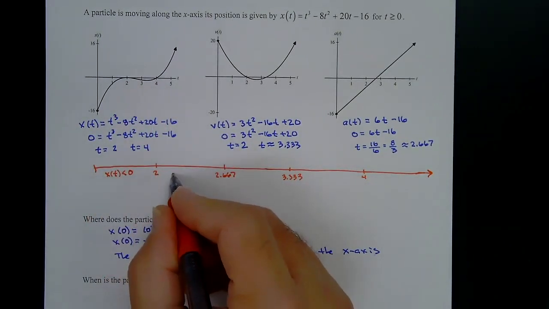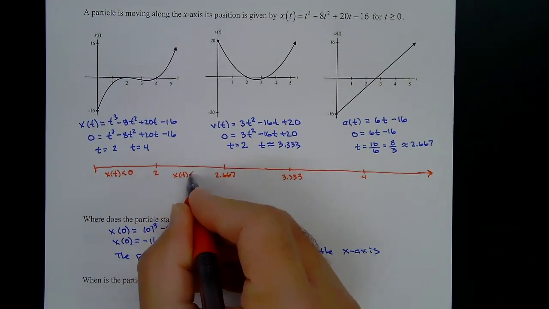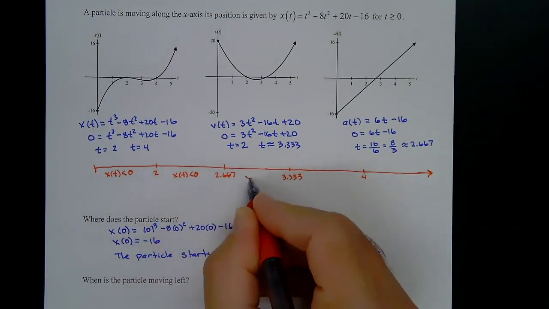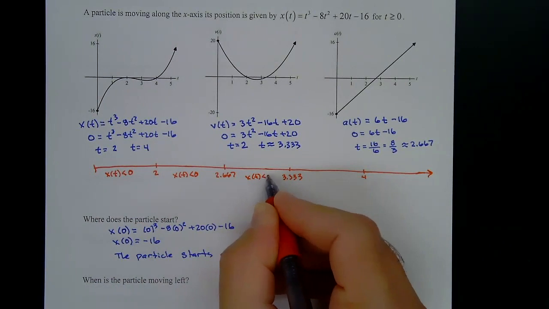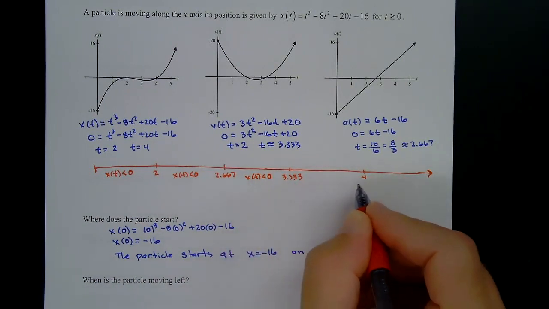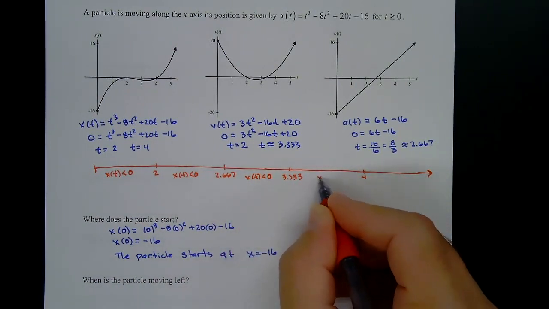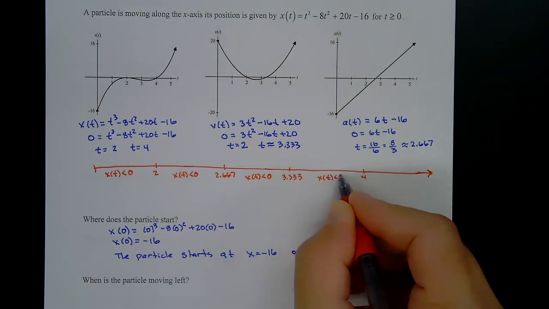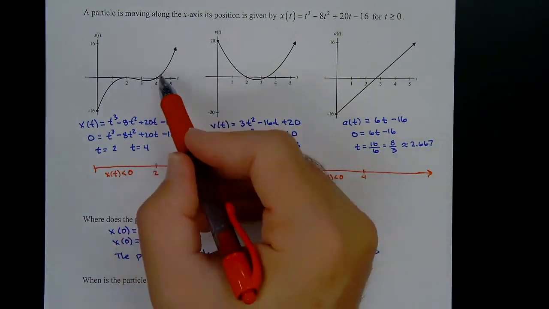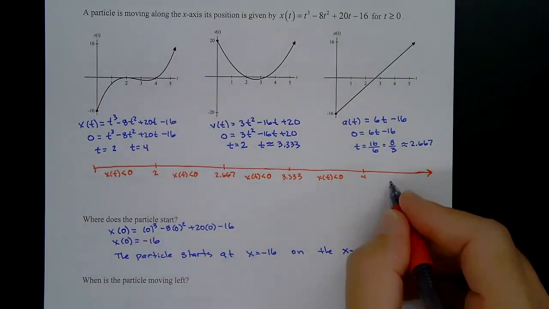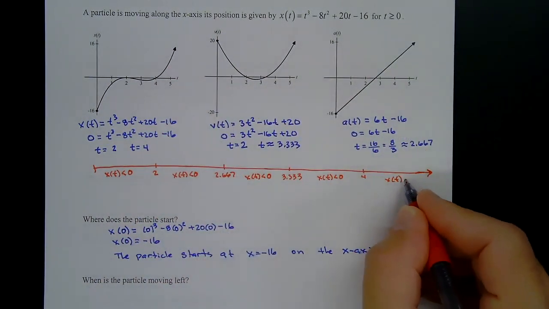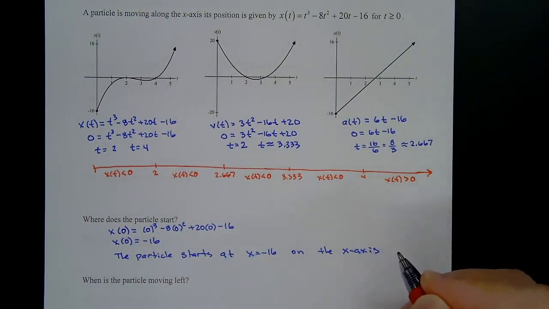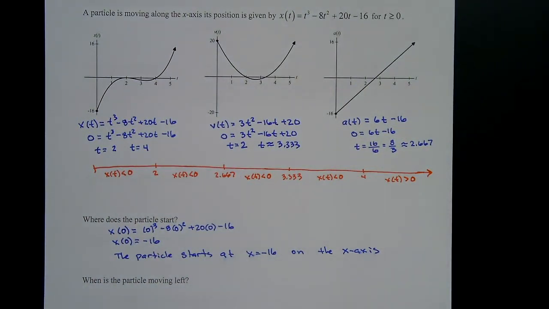So x of t is less than 0 on this interval. From 3.333 to 4, x of t is less than 0. From 4 on, the position is positive. So x of t is greater than 0.